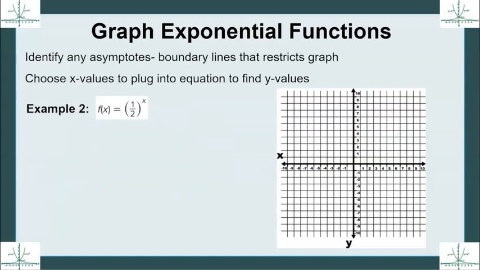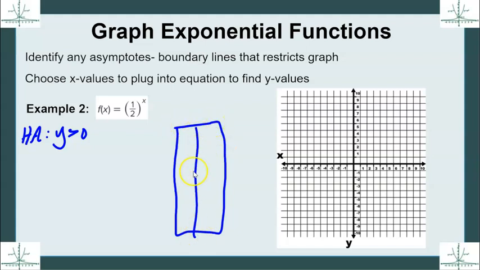Another example, here we're going to do the same thing: identify any asymptotes. Again, the asymptote line is going to be a horizontal asymptote where y is going to be greater than 0. Going to choose some x values. Again, I'm going to just choose the same x values that I did before. I'm going to use -1, 0, and 1.